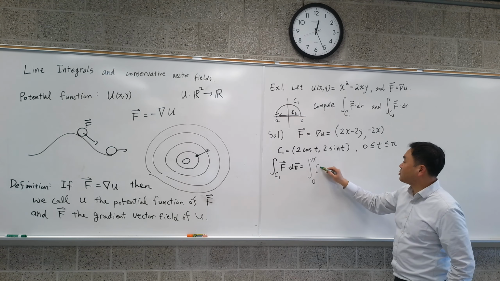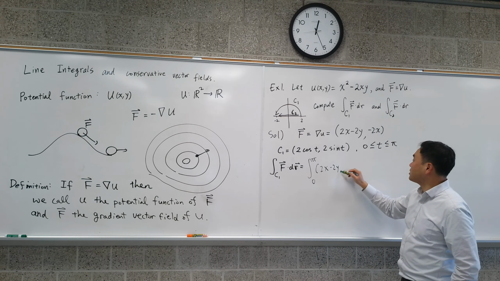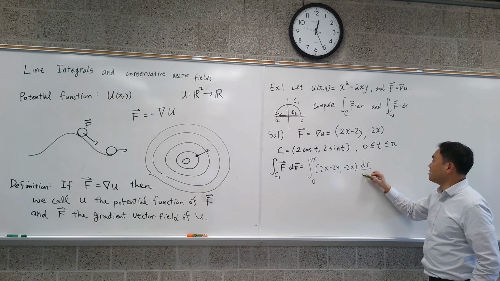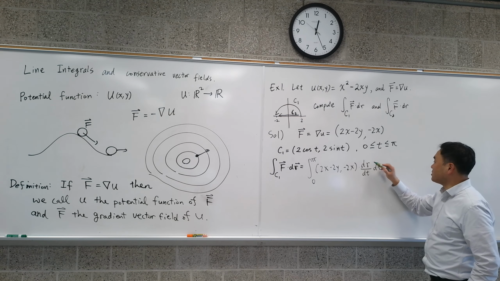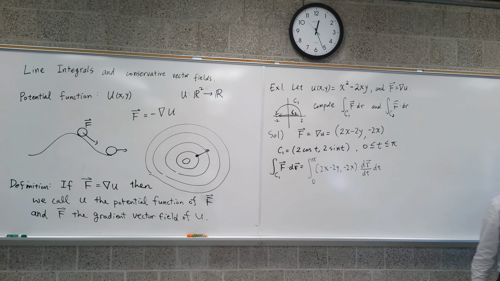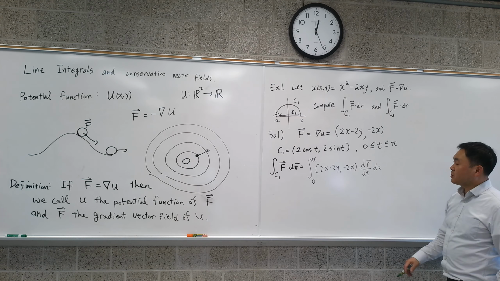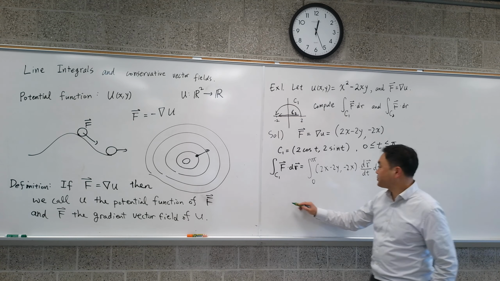F is this guy, (2x minus 2y, negative 2x). And then you multiply by dt, the trick that's always needed for any line integral. And then, well, what is that?